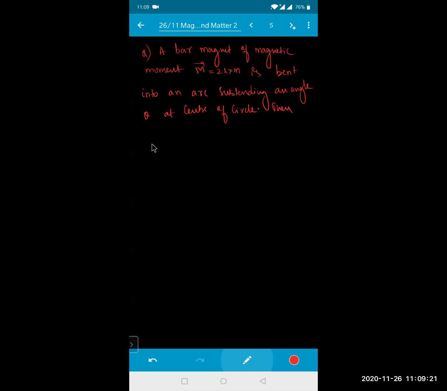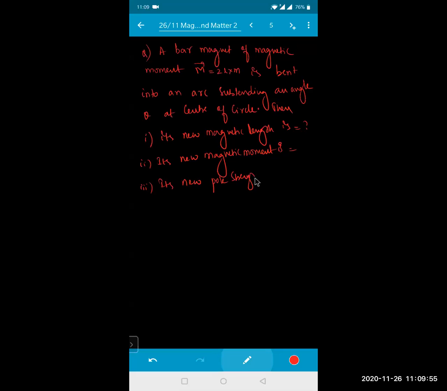Then number one, its new magnetic length is dash. Second question, its new magnetic moment is. And third one, its new pole strength is how much? Okay, this is the question.